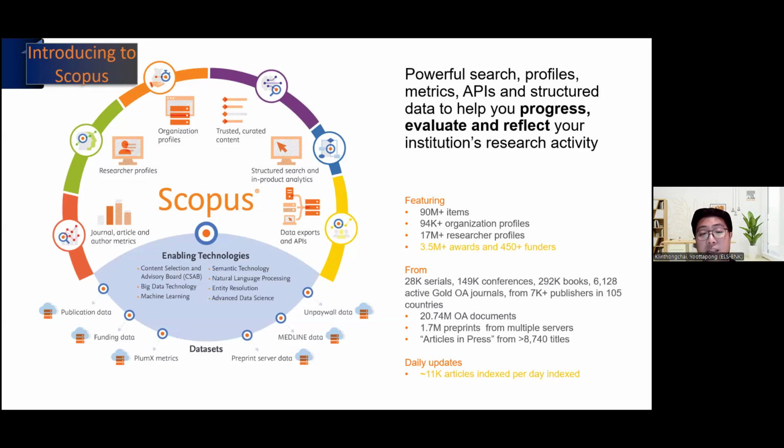In terms of data, they provide mainly abstracts. Some of the journals and articles also provide full text, but the majority of the content is abstract only. You may ask, why do we just access the abstract?